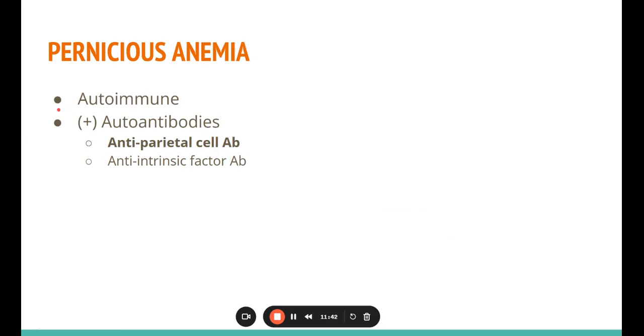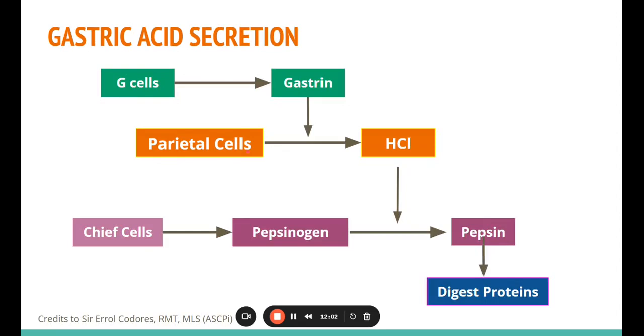Pernicious anemia is an autoimmune disorder characterized by having not just one but two autoantibodies called the antiparietal cell antibody and the anti-intrinsic factor antibody. We will focus first on the antiparietal cell antibody. Let's go back to the diagram earlier. For example, a patient has pernicious anemia. Since it is an autoimmune disorder, antiparietal cell antibody is produced.